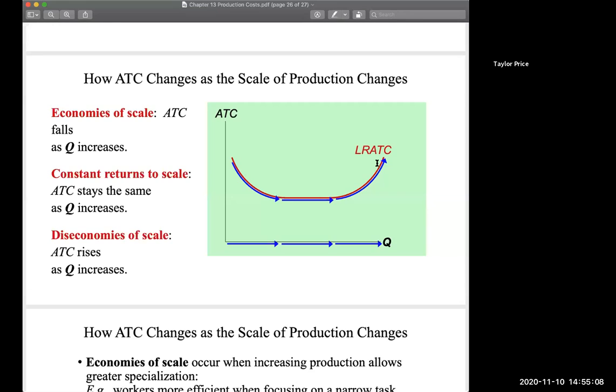And you can think of the opposite, economies of scale, where the average total cost curve is falling. So from maybe this point all the way down to this point. So that's economies of scale. And then this middle point is constant returns to scale, where average total costs don't either decrease or increase, they just stay the same as you produce more quantity.